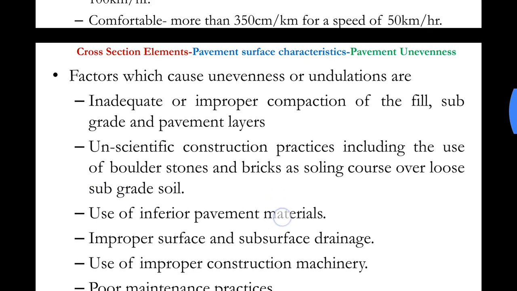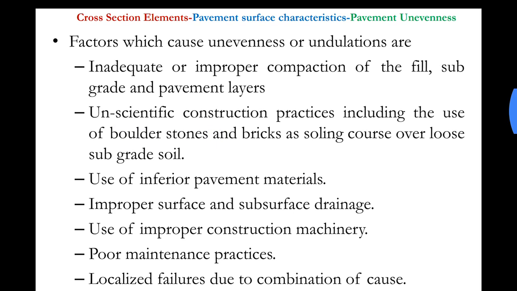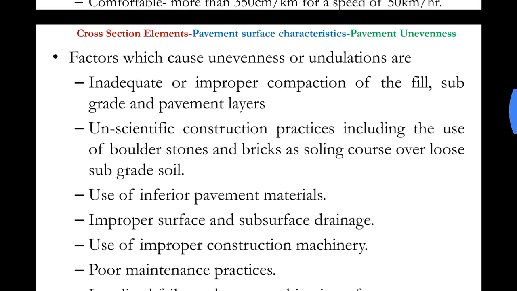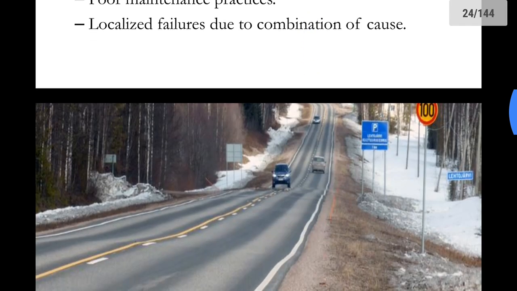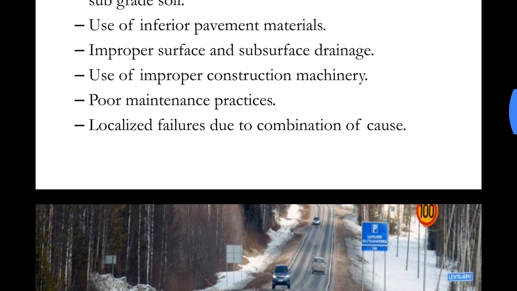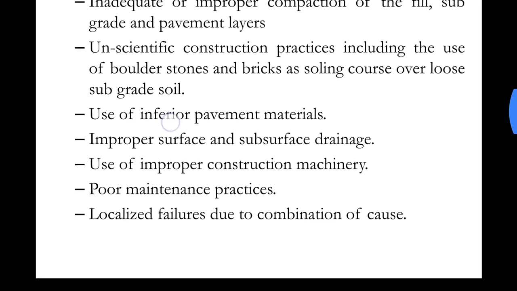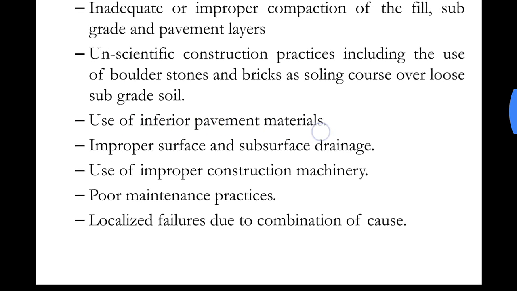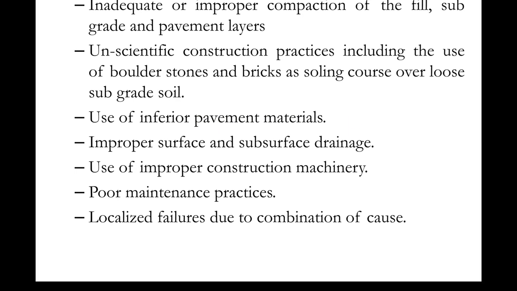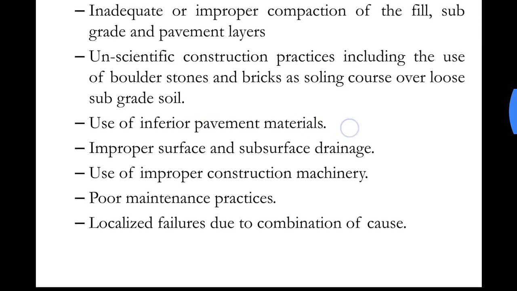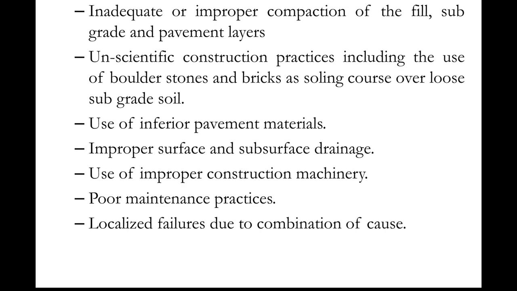So we need to provide aggregates or stones or bricks as per design. If there are unscientific construction practices, then again there are chances that these undulations get formed. Use of inferior pavement materials: all the pavement materials should be tested before use, and only if they are of quality and of minimum standards as required for pavement construction, then we need to use them.